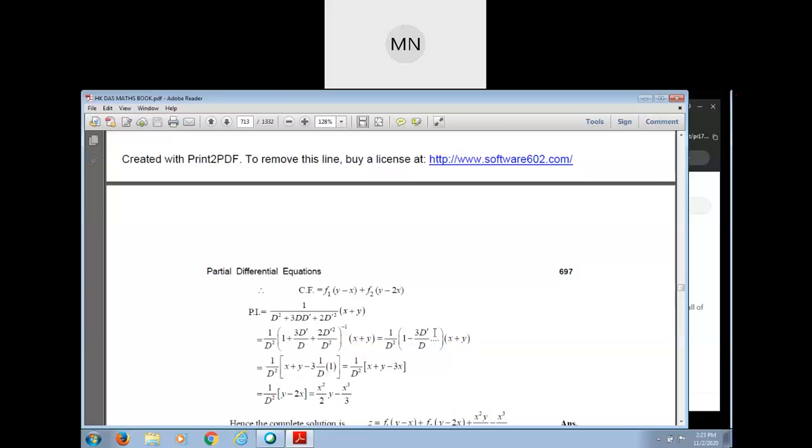So 3D dash means partial differentiation with respect to y. When we differentiate with respect to y, x is constant, so for this term it will be 0, and for the second term, y, it comes as 1. So it is 3 times 1 by D into 1. Is it clear?